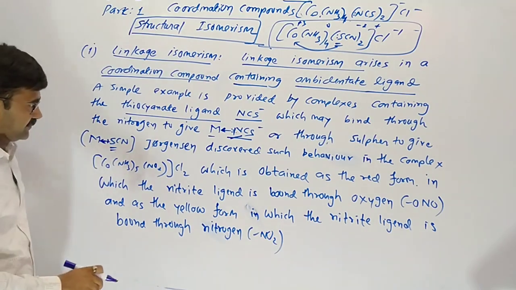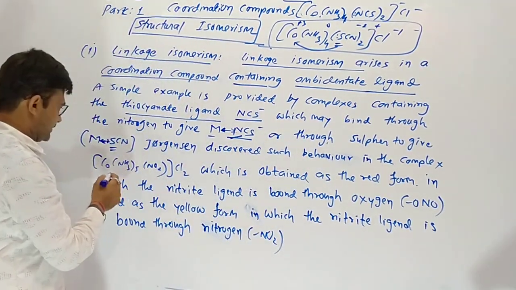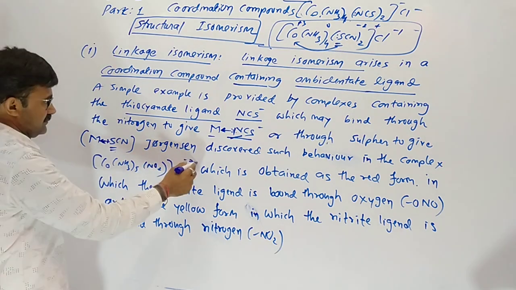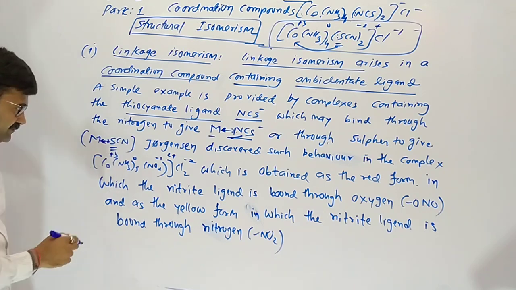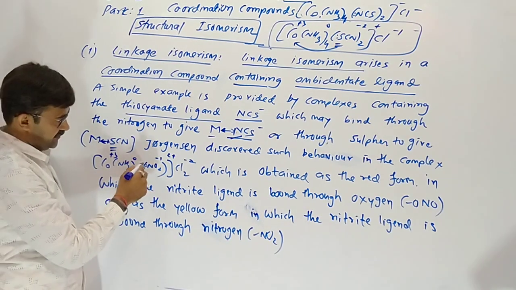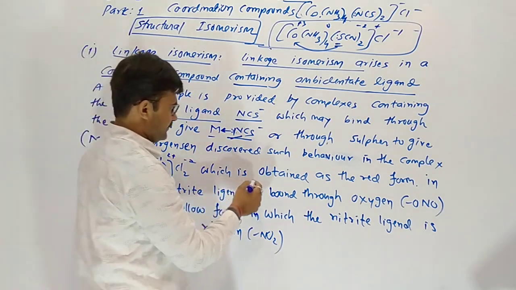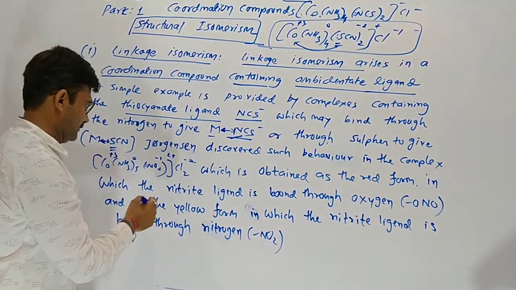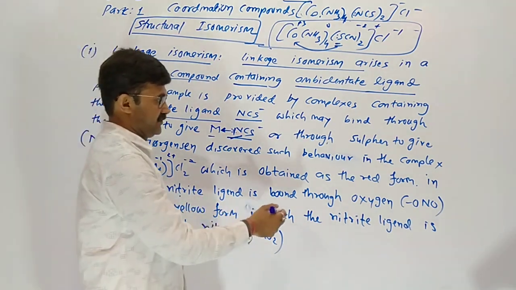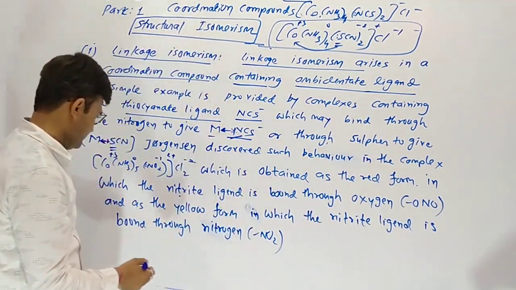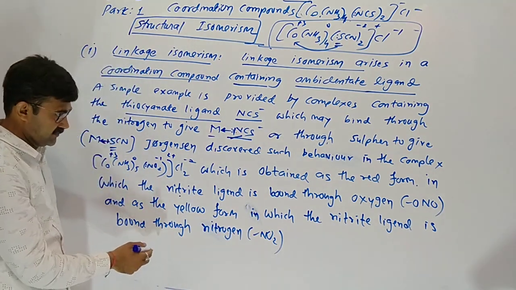Now second one, yes, in the complex [Co(NH3)5(NO2)]2+. Suppose nitrogen is donating, so nitrite N, which is obtained as the yellow form, in which the nitrite ligand is bound through nitrogen, and as the red form in which nitrite ligand is bound through oxygen.